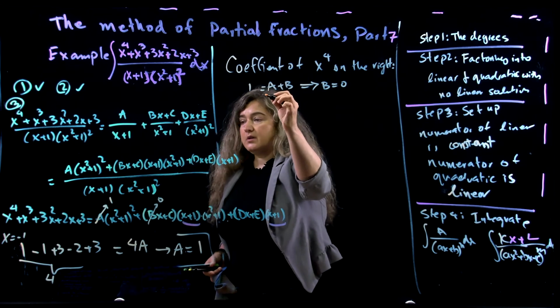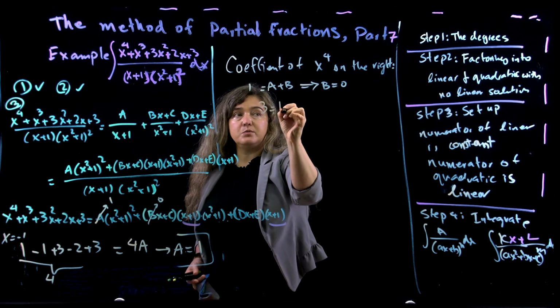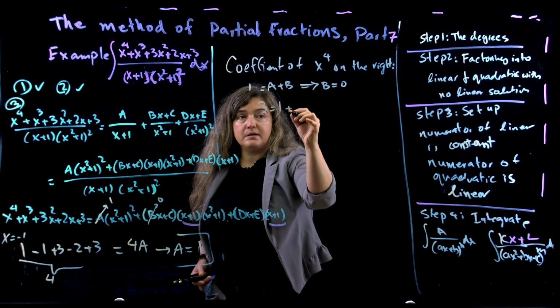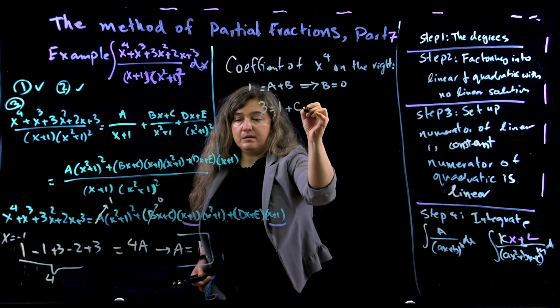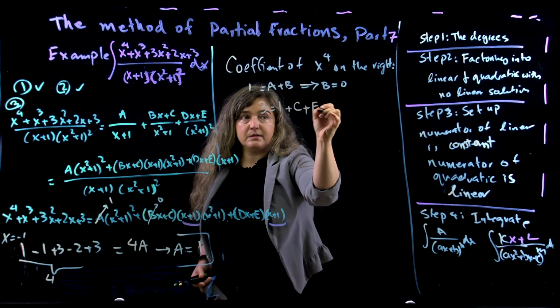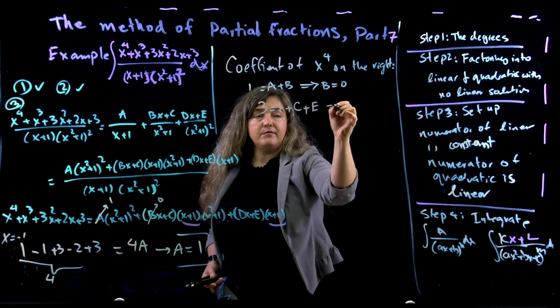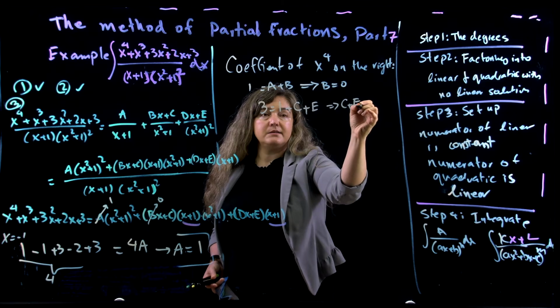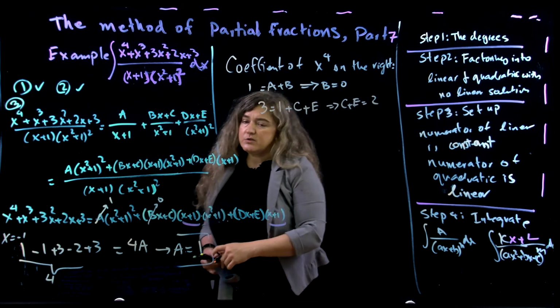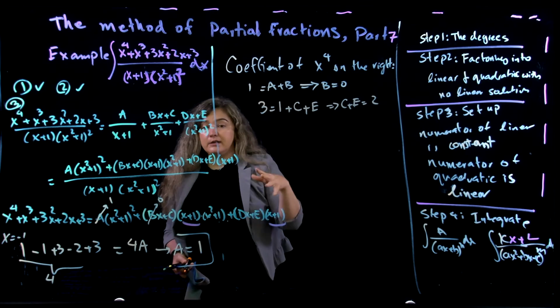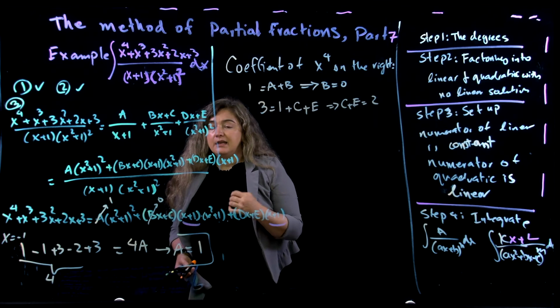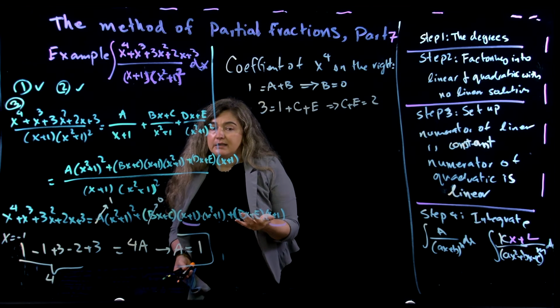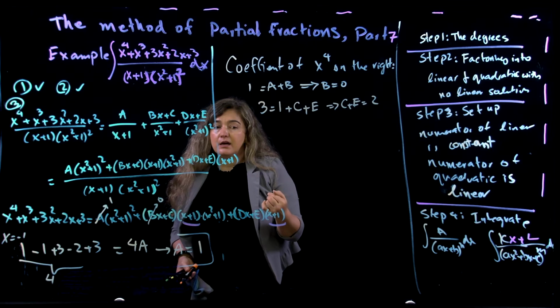So 3 is equal to 1 plus c plus e, and therefore c plus e is equal to 2. So I got an equation. I couldn't quite solve for that. Let's see if I can find anything involving d.